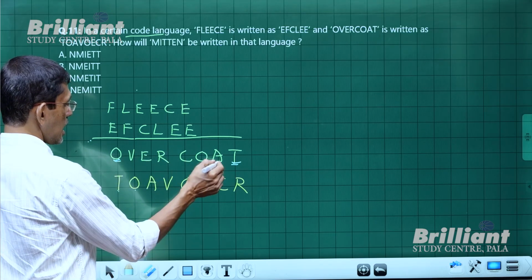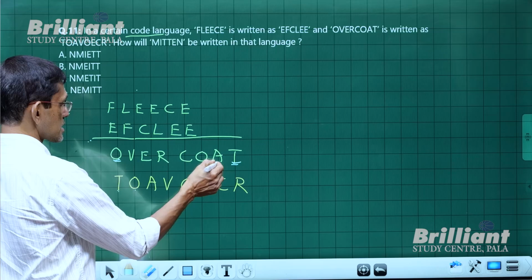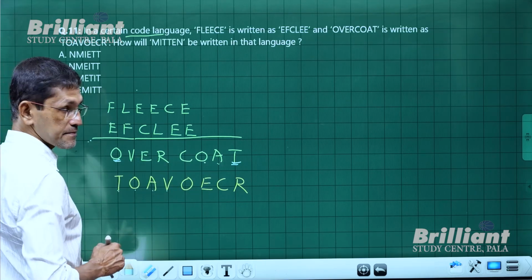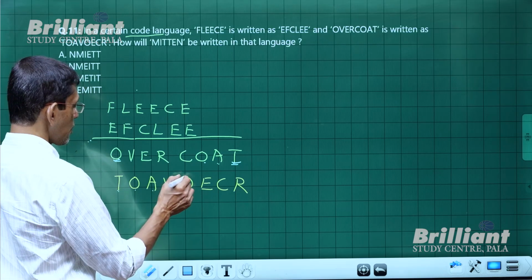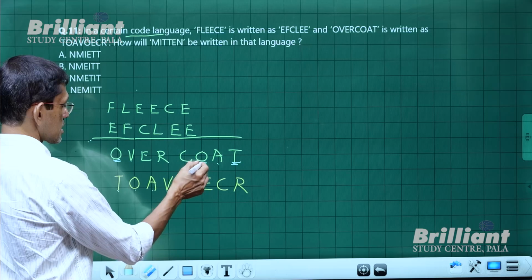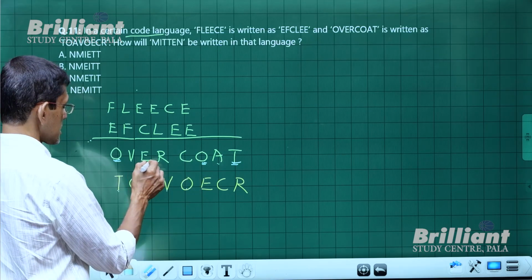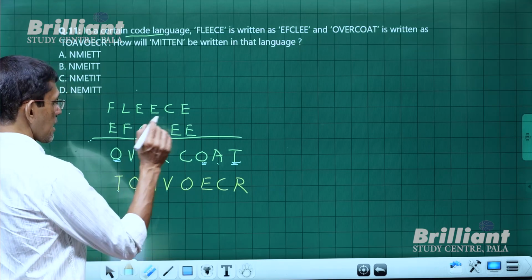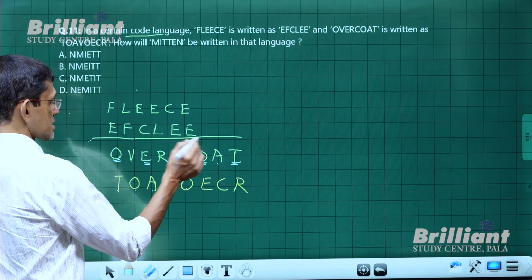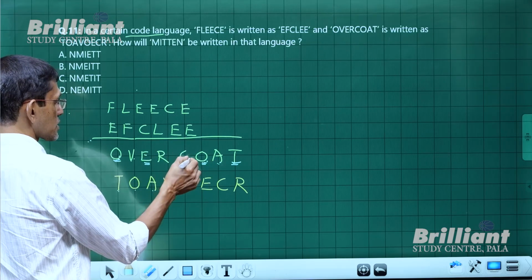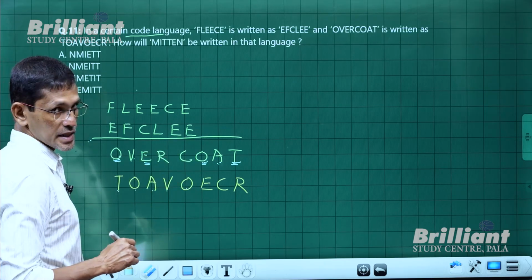It is A and V. So A is the second last letter and V is the second letter. Then O and E. O is the third last letter, and E is the third letter. Okay, so ultimately we see that pattern. Last letter and the first letter, second last letter and the second letter, third last and third letter, fourth last and fourth letter. That's a pattern.